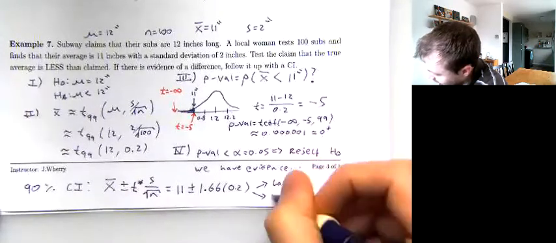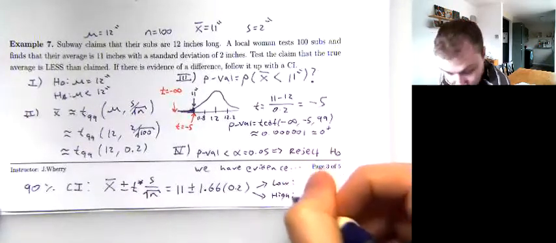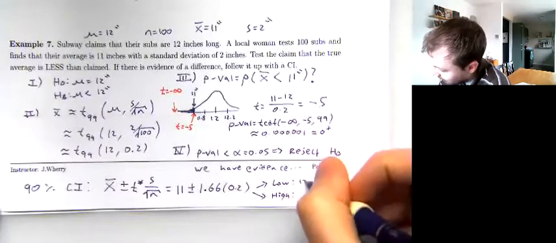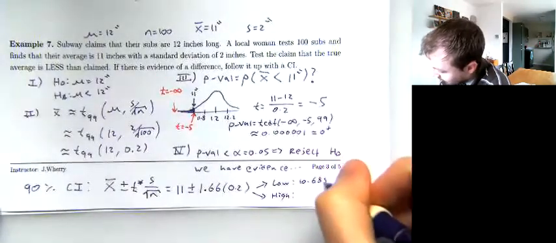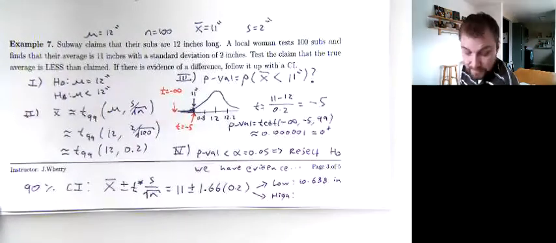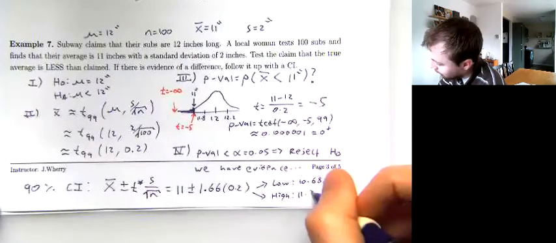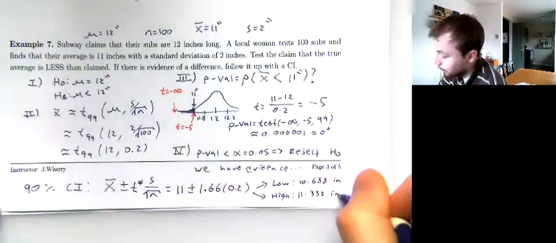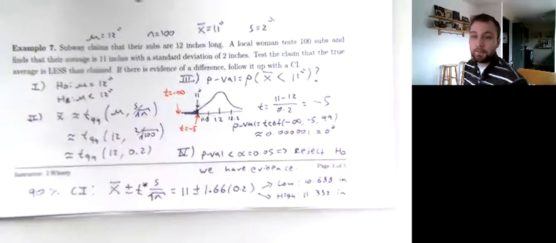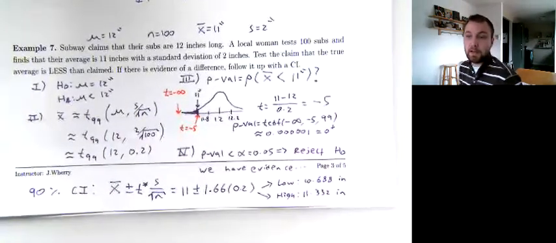When I type this in with the minus, for the low side, it gave me 10.688 inches. That is less than 12, so that's reasonable. 11.332 as the high, that's also less than 12. That's to be expected because I had evidence that it was less than 12 inches on average.